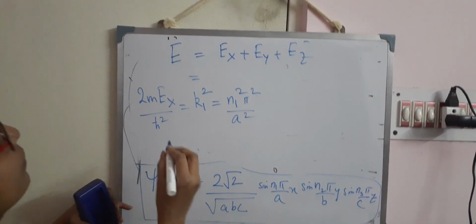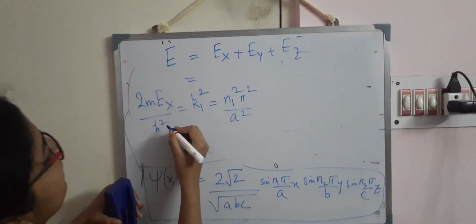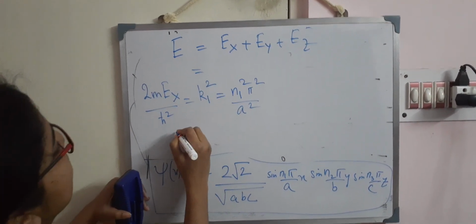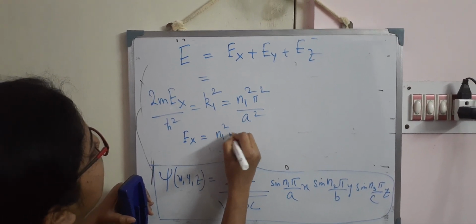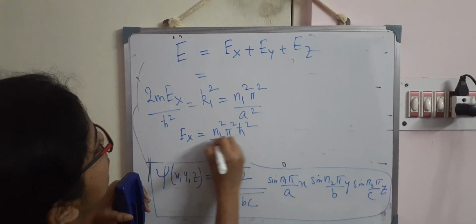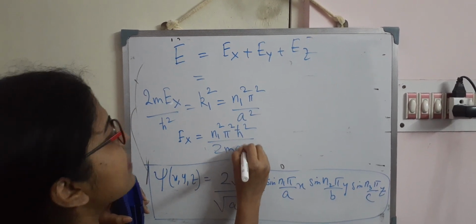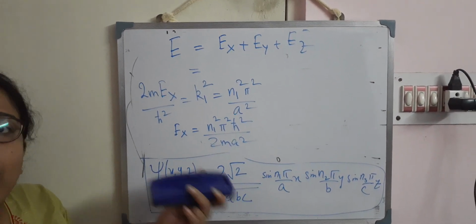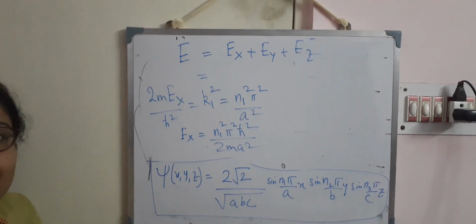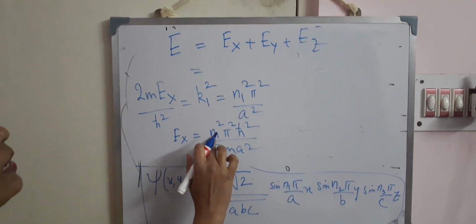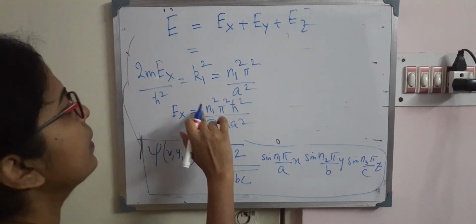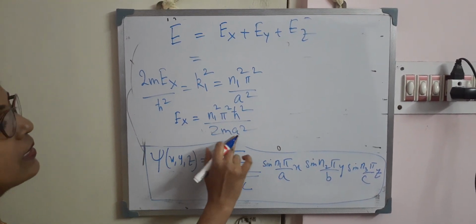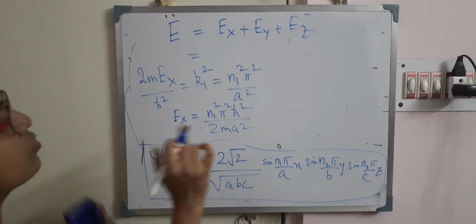So from here we get that Ex is equal to n1 square pi square h cut square by 2m a square. This is the type of result we got for the 1D case where the box was of length L. We got the same thing: n square pi square h cut square by 2m L square. Here I got n1 square, and for the x side the dimension is a.